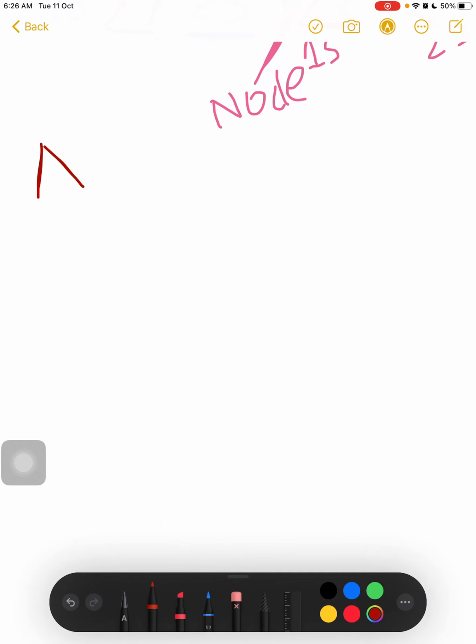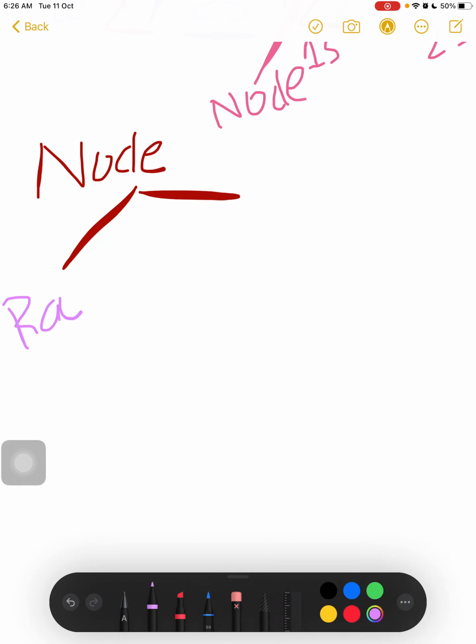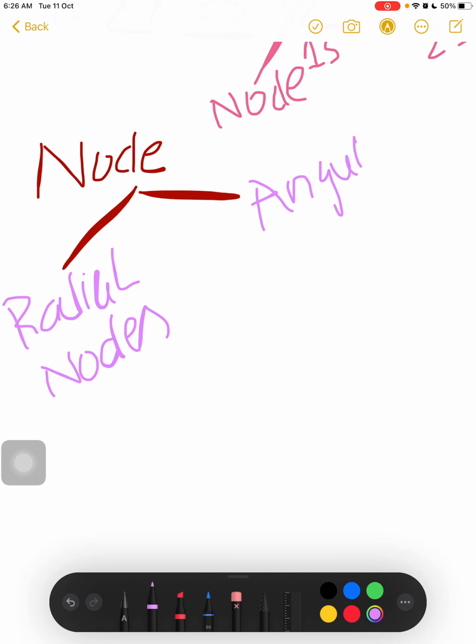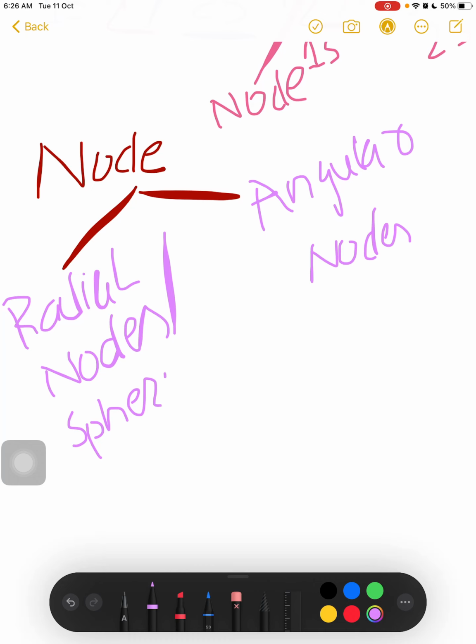So basically we'll talk about nodes now. There are two types of nodes. First is known as radial nodes, or you can say spherical nodes, and second is angular nodes. So these radial nodes are also known as spherical nodes, right?